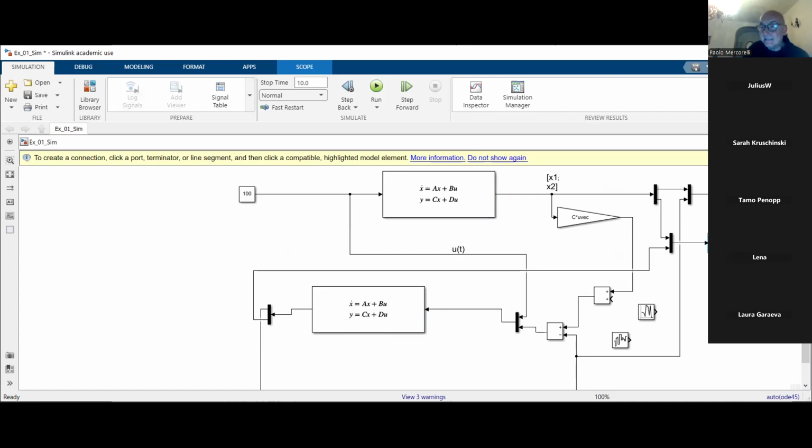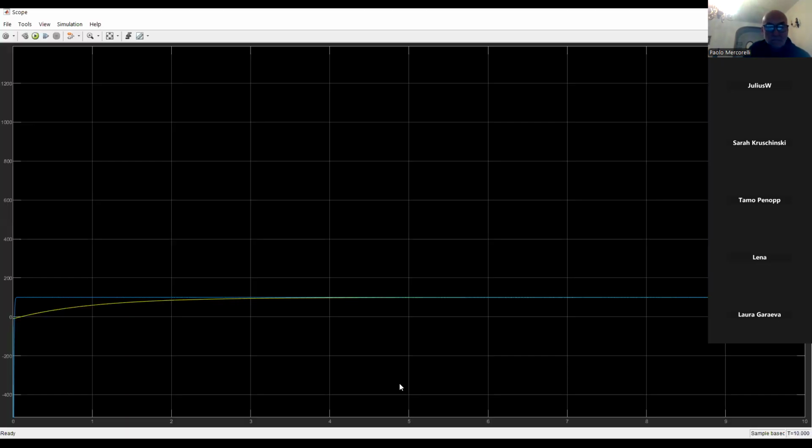Look here. I will compare the real x2 with the observer's x2. Let me show you the result. We can see that at the beginning we have differences because we have a difference in the initial conditions.